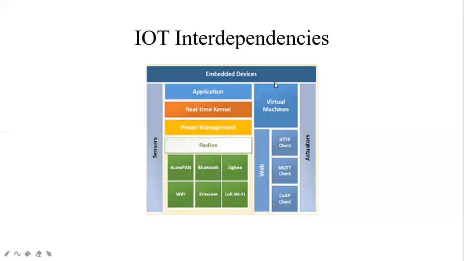These layers come under your embedded devices. All these layers are called your embedded devices. Actually, this whole system exists in your sensors and actuators in a very small, miniaturized form. That's why they are called embedded devices, which exist in your sensors and your actuators.